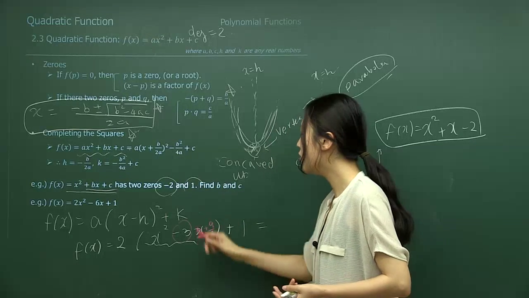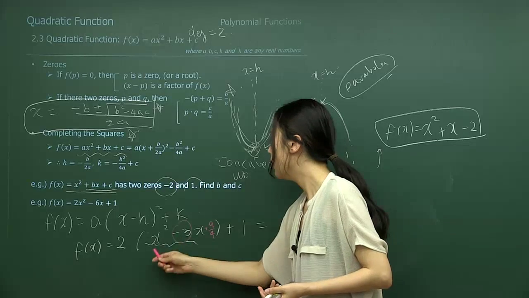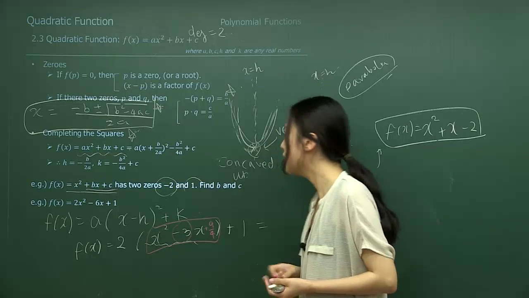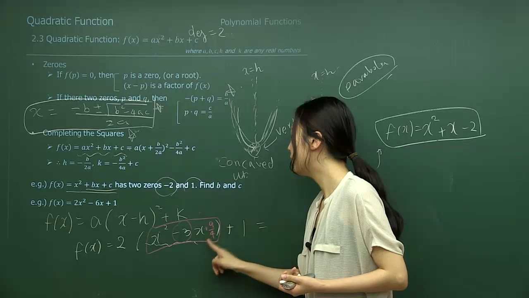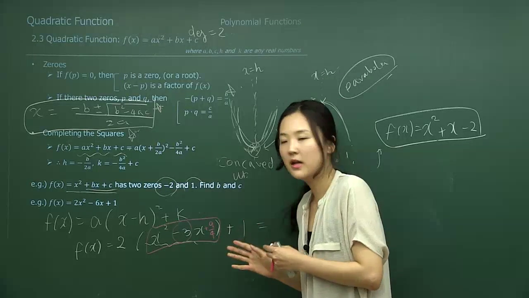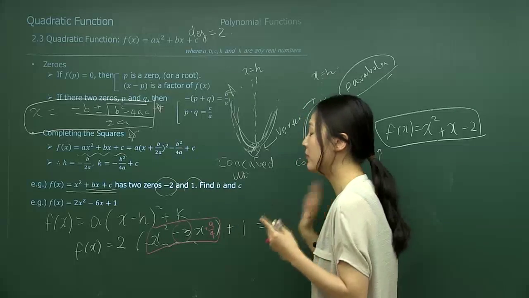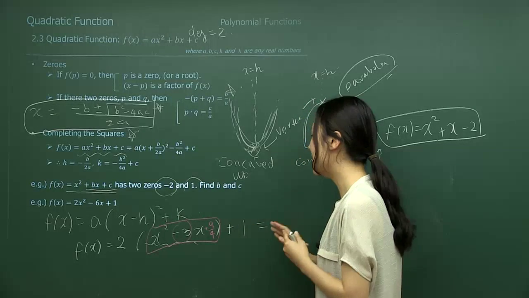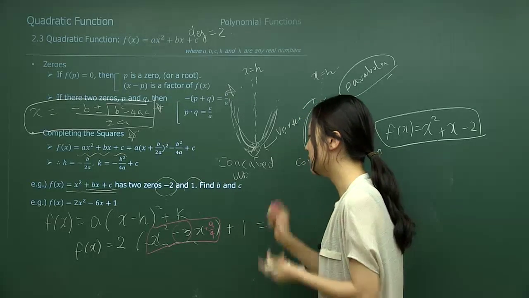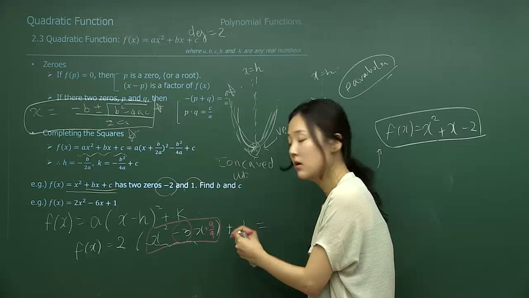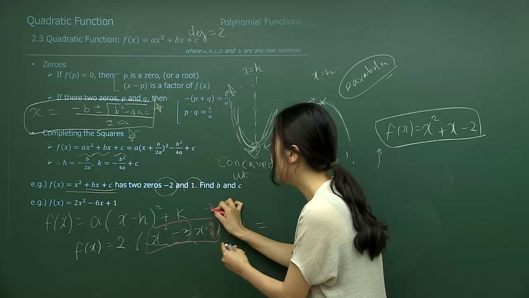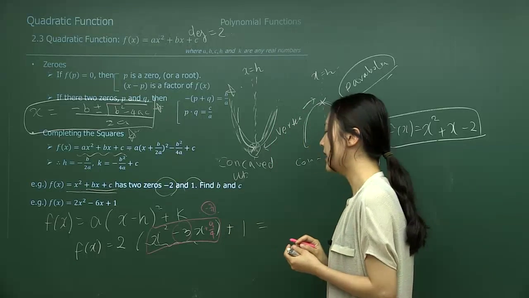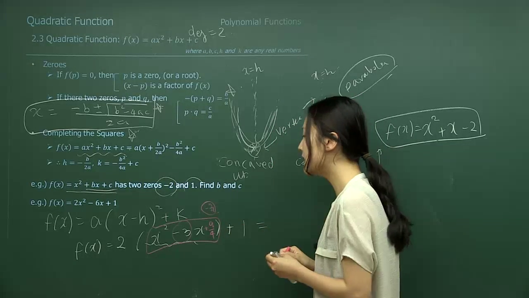Okay? So when you put this in here, however, you must consider that 9 over 4 is something you just made up, so that you can put this into a perfect square form. Hence, to even things out, you must subtract the same amount, subtracting 9 over 4, as well as adding it.